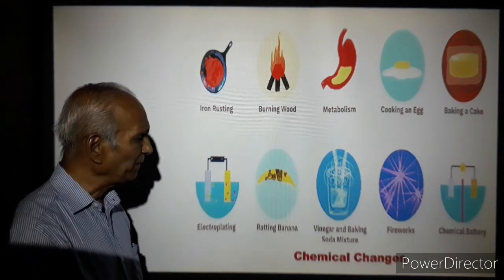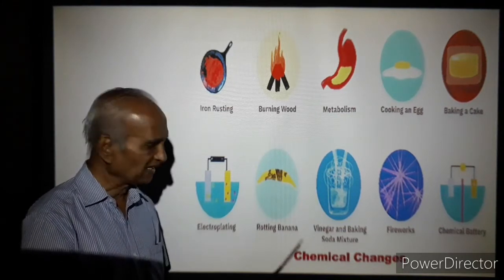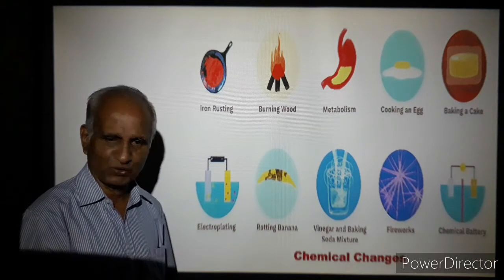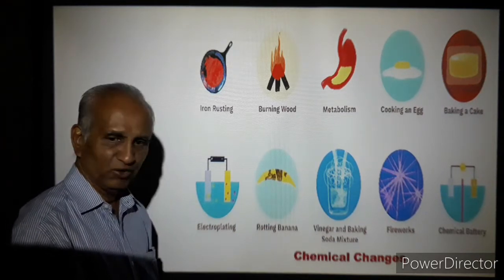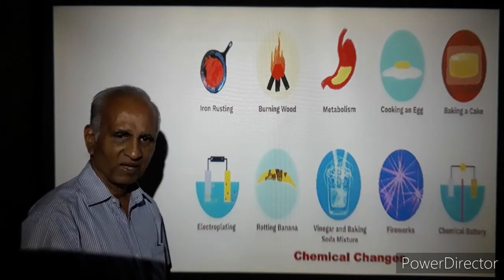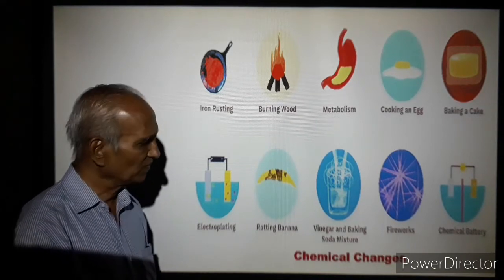Then rotting banana. Banana is getting rotted. Now that's a chemical change. You cannot get back the old banana which is there. Vinegar and baking soda mixture. You put vinegar and baking soda with one another, mix them, and you have the chemical change. It's a chemical change.